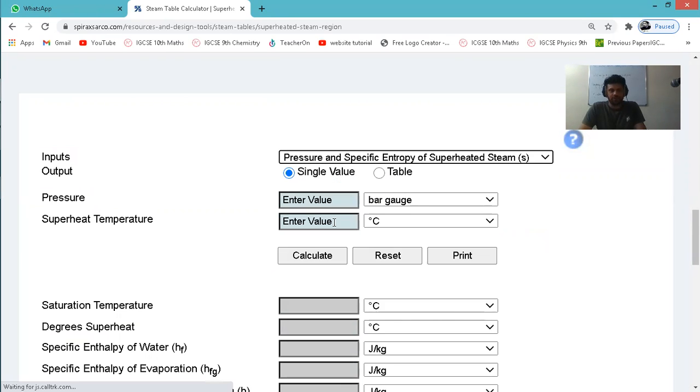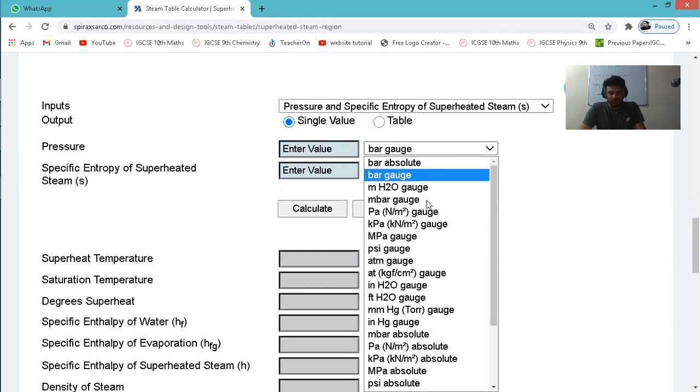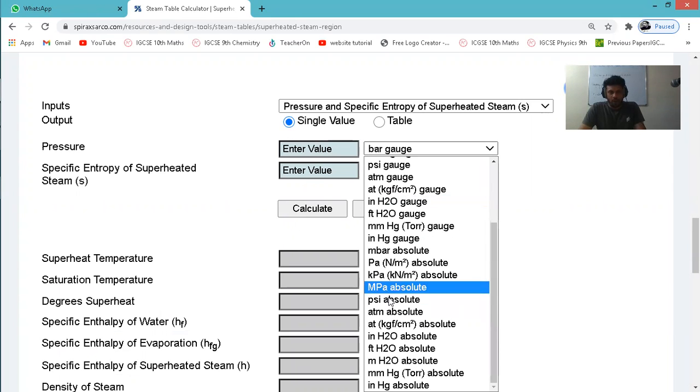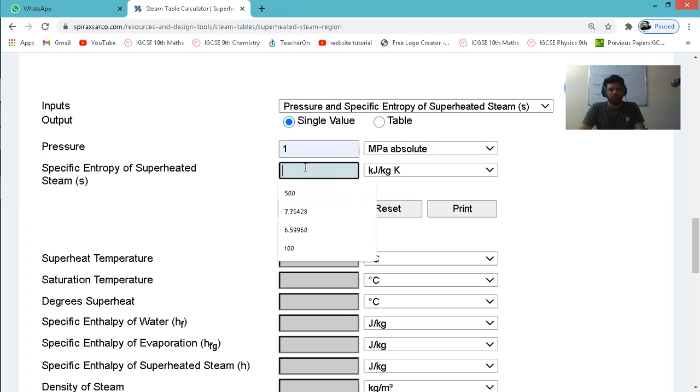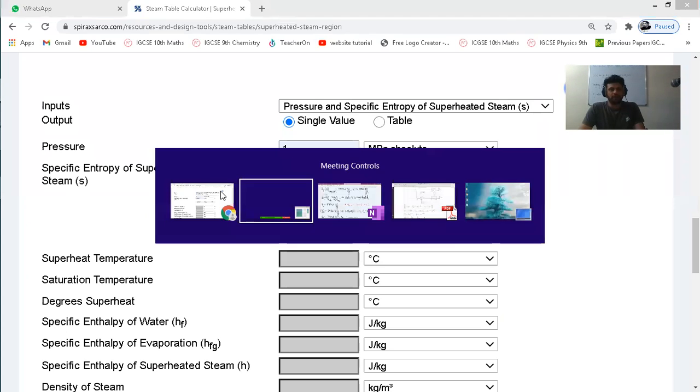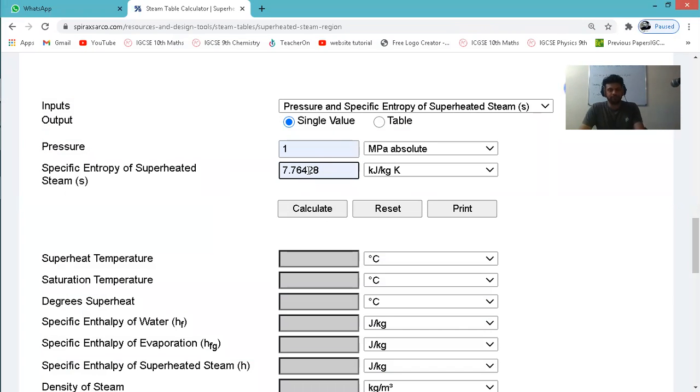Pressure and entropy of superheated steam, and we are going to use megapascals absolute here, and we are going to use the unit kilojoule per kilogram per Kelvin, and the pressure, like I told you, is supposed to be 1 megapascals, and the value of entropy, 6.59960, is what we need to put in.